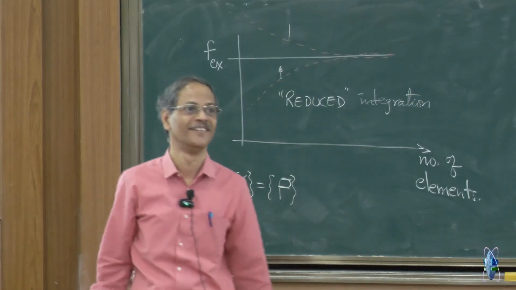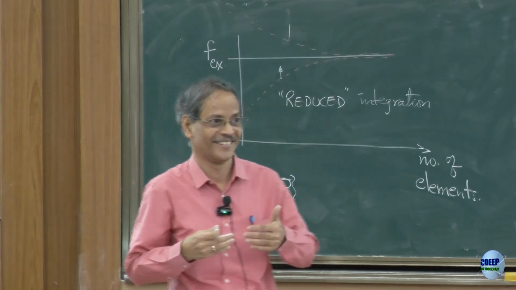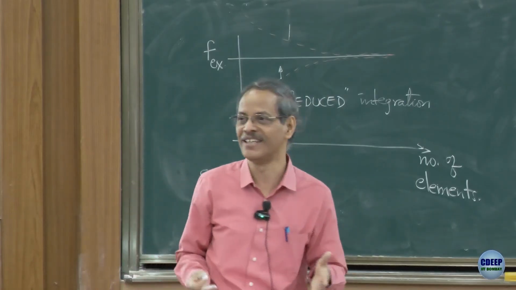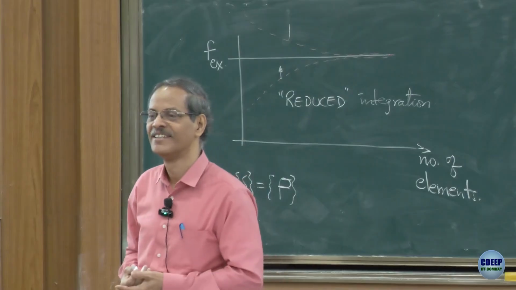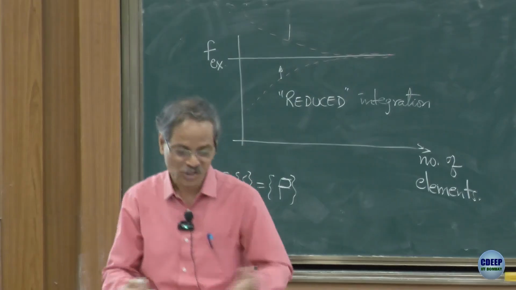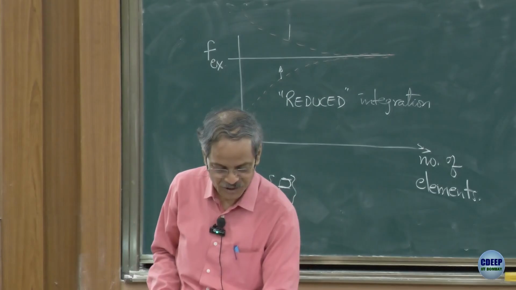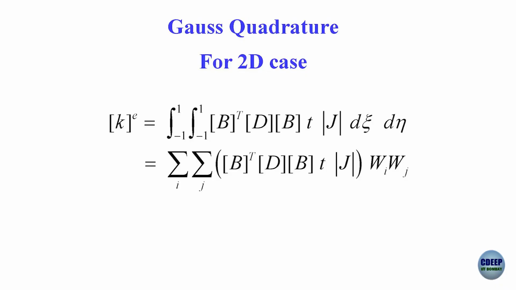Now, once you have started this question, usually it does not stop there, right? Now, there are various terms in the stiffness like this, and in more complex problems, even more terms may be there in the stiffness.